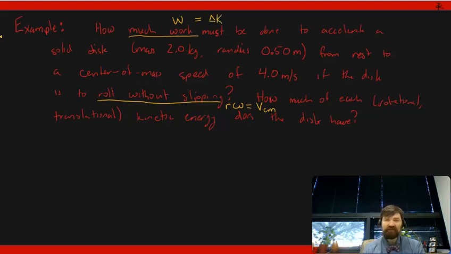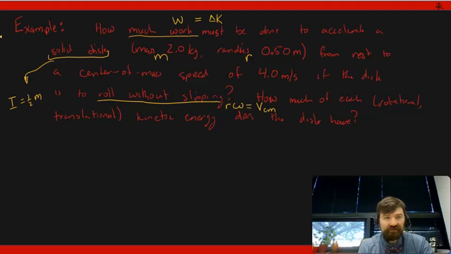We're given a mass, we're given a radius, we're told that it's a solid disk. What's important about a solid disk is you can look up the moment of inertia for a solid disk. It's 1/2 of mass times radius of the disk squared. So we're looking at 1/2 m r squared for moment of inertia.